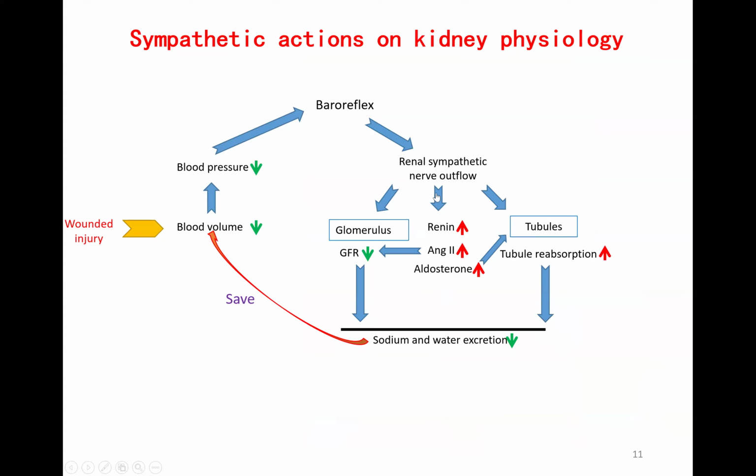Sympathetic hyperactivity not only enhances heart pumping and vasoconstriction, but has multiple effects on the kidney as well. It reduces the glomerular filtration rate, stimulates the renin-angiotensin system, and directly increases water and electrolyte reabsorption by the tubules. The cumulative effect is a compensatory increase of blood volume for saving the life.